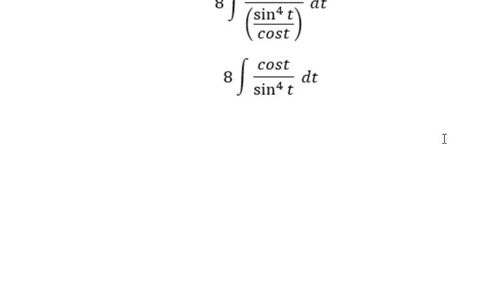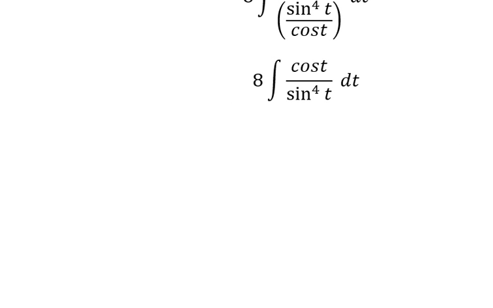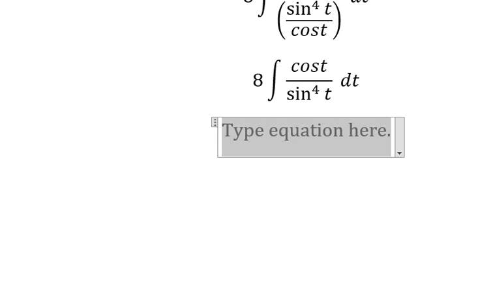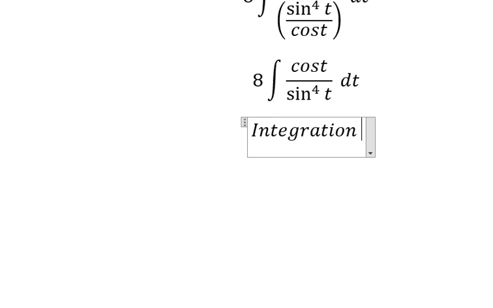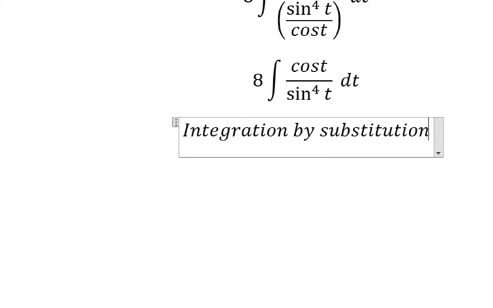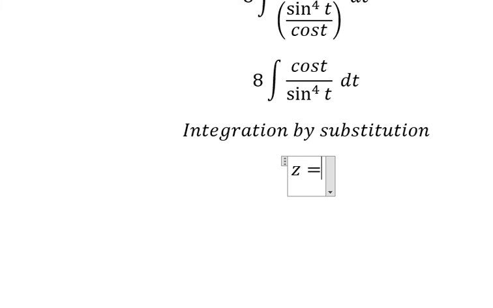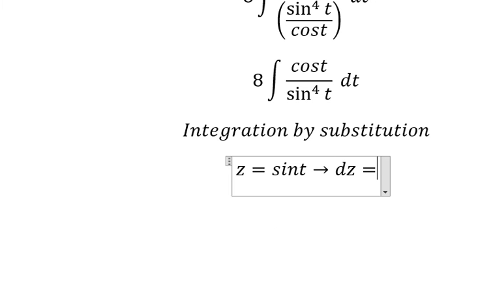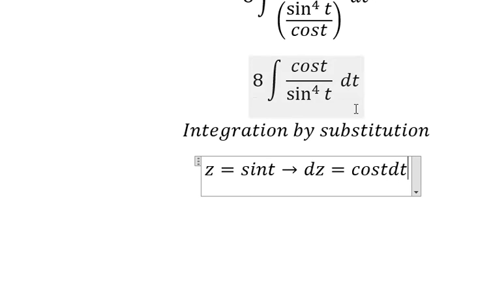So we need to use integration by substitution. So I will put z equals sin t. Later we do the first derivative for both sides, and we have dz equal to cosine t dt.